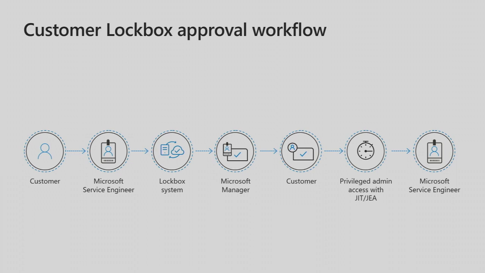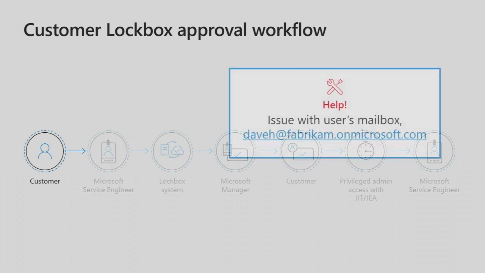We look at the issue and determine that we would need to get access to customer data. We trigger a request for access to customer data. The Microsoft manager approves it. The customer gets the request, verifies that the relevant details are there, and approves it. Once the approval is done, Microsoft engineers get access to customer data.